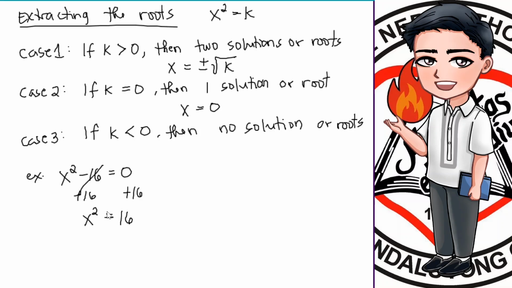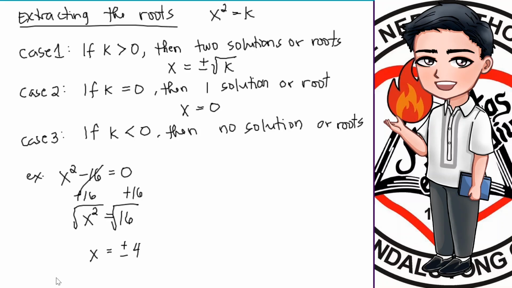So now this is in the form of x squared equals k. Now to get the square root, all we have to do is get the square root of each quantity. The square root of x squared is x, and the square root of 16 is 4, positive or negative 4.